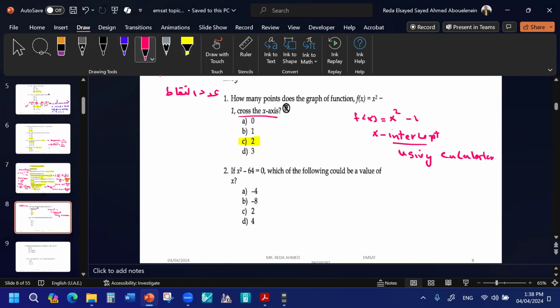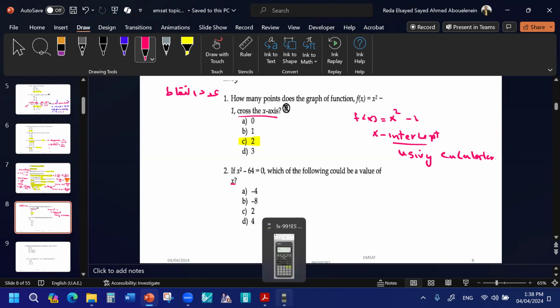The second question: if x squared minus 64 equals 0, which of the following could be the value of x? In the same way, he asks about the value of x.